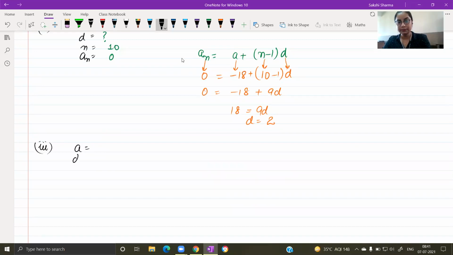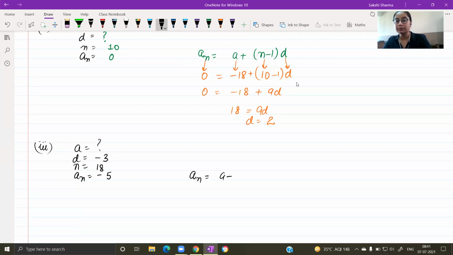Third part. The first term is missing. Common difference is minus 3. N is 18 and nth term is minus 5.